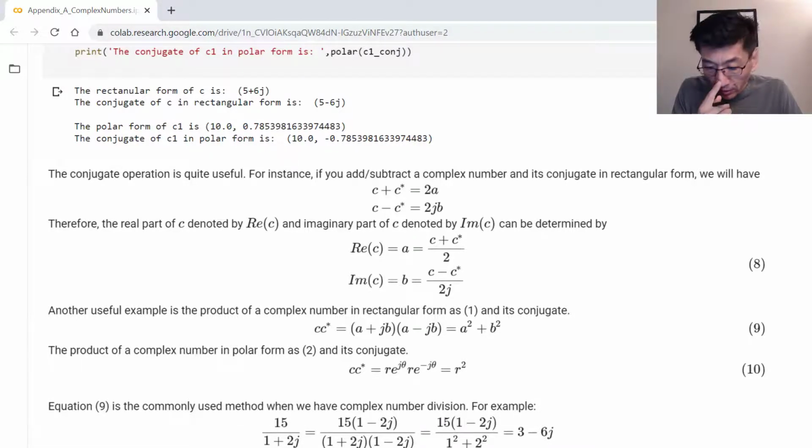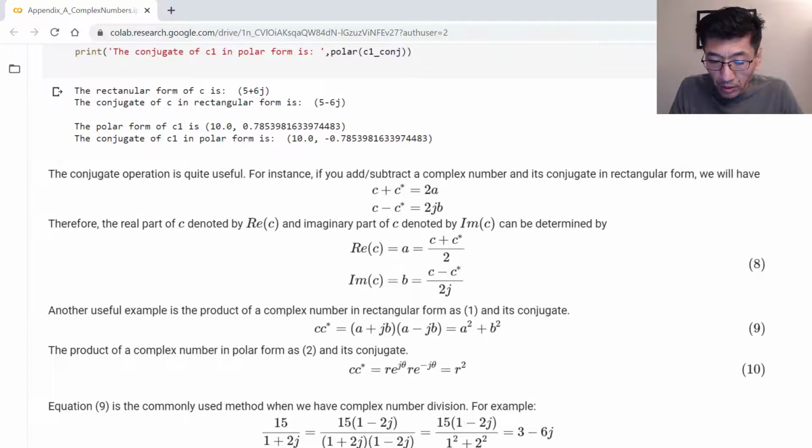Based on this, equation number 8 is very commonly used when you want to find the real part: you add the complex number and its conjugate, and then divide by 2. And if you want to find the imaginary part, you subtract the conjugate from the original one and then divide by 2j, right? So this is a very useful one.